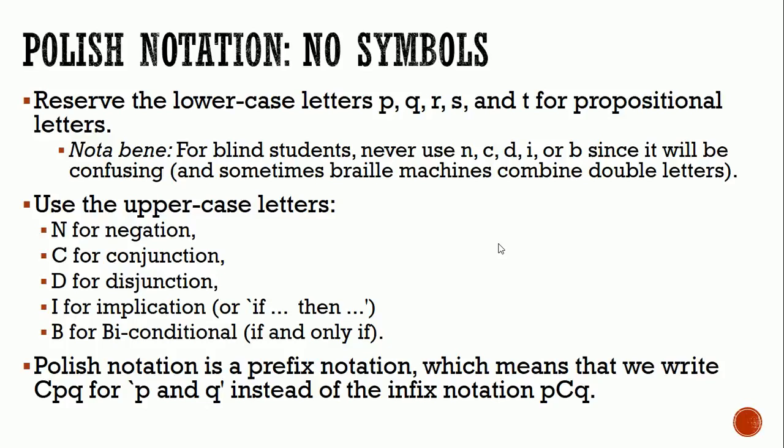C for conjunction, for which the rest of us use a dot. D for disjunction, for which we use a wedge, I for implication, or the horseshoe, if then. And B is for biconditional, if and only if. So yeah, Polish notation is a prefix notation, which means we write CPQ for P and Q instead of the infix notation PCQ.